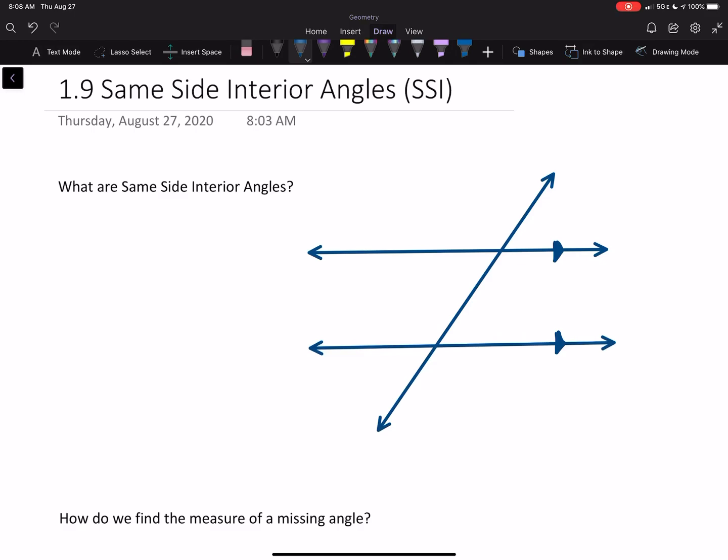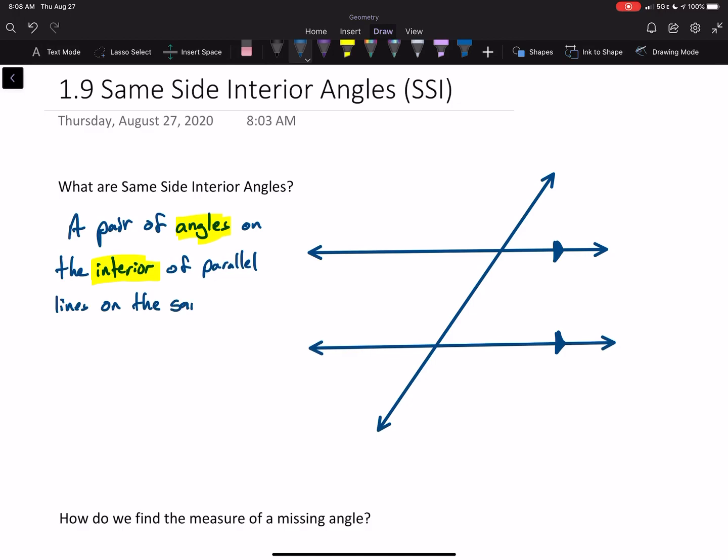So same side interior angles are really this. They are a pair of angles on the interior, so that's important, interior angles, interior of parallel lines, on the same side, so that's important because that's part of the name too.